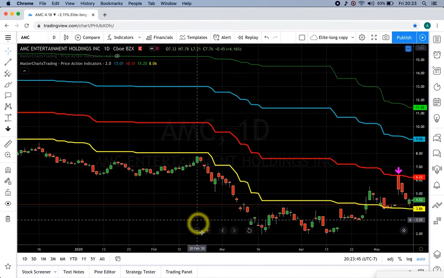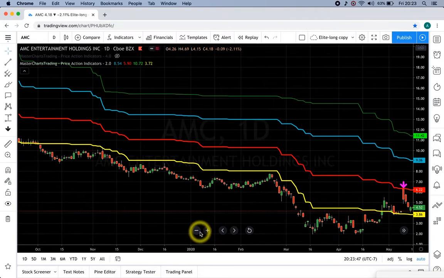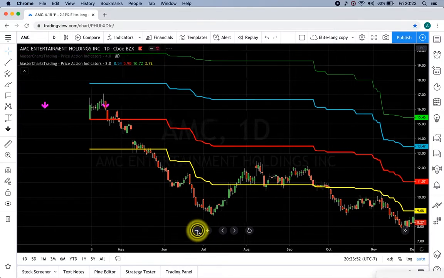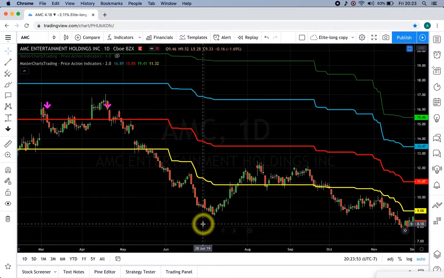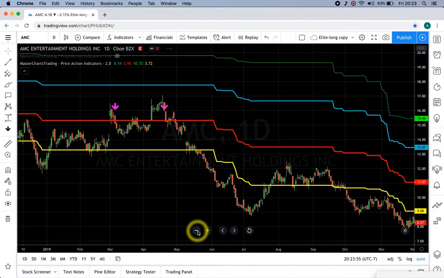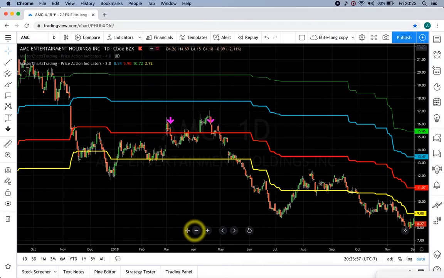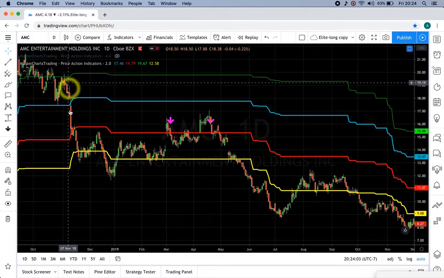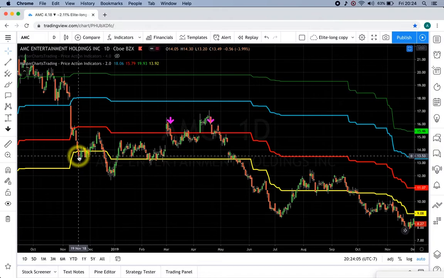But notice that AMC was downtrending for a long time, and we need to go back significantly further to find the beginning of a bear market. And there it is where I'm hovering. The beginning of a bear market for AMC Entertainment was on the 19th of November 2018.